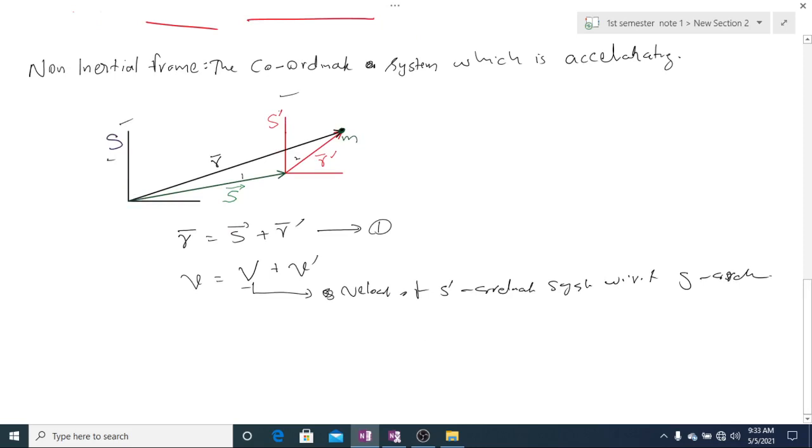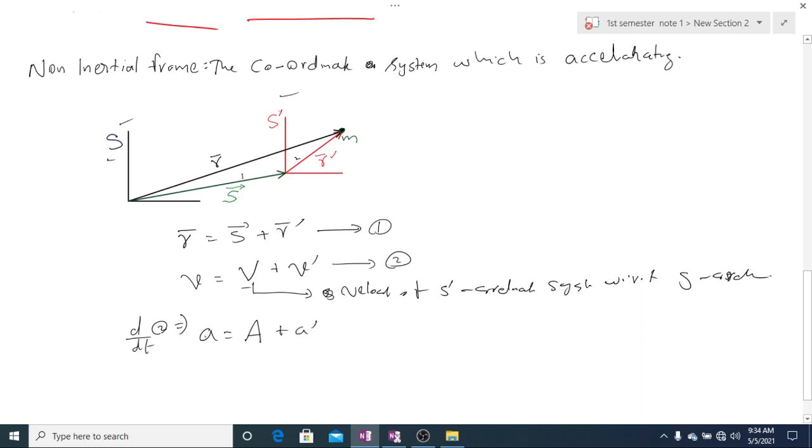If S prime is accelerating with respect to S, that is, S prime doesn't have a uniform velocity with respect to S, then taking the derivative of the second equation will give the acceleration: a is equal to A plus a prime.